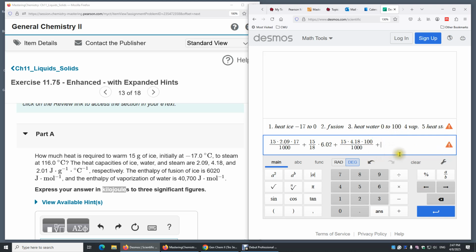Now we'll talk about vaporization. Step number 4, vaporization. It's similar to the calculation of fusion, but you can see the enthalpy of vaporization is 40.7 kilojoules per mole.